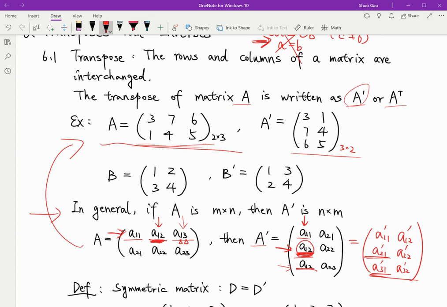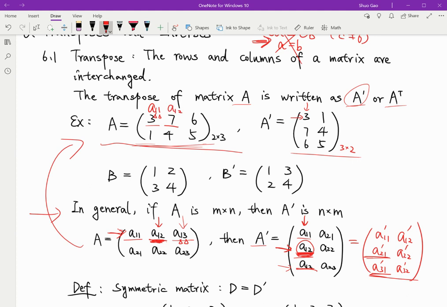Back to this example. So we can see that 3 is A11, in the first row and first column. If we change the row and the column, it's still 1 and 1, right? So when we transpose that, it's still the first row and the first column, so the 3 stays. But the 7 is in the first row and second column.